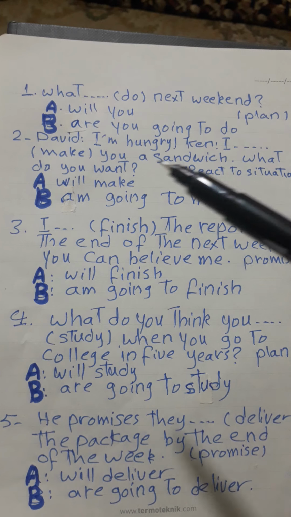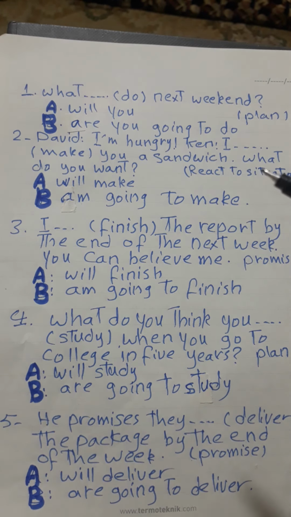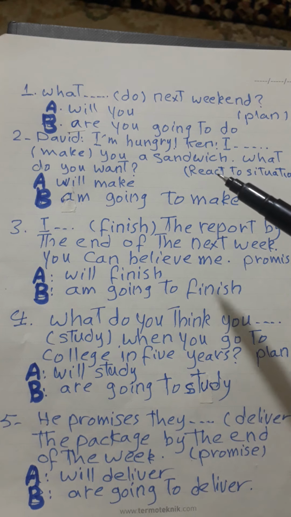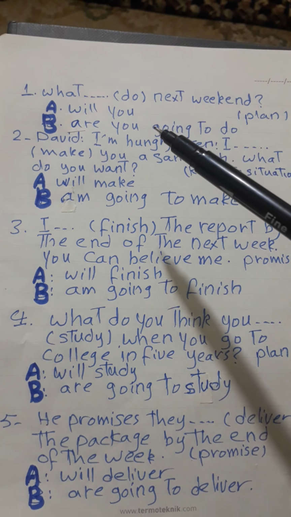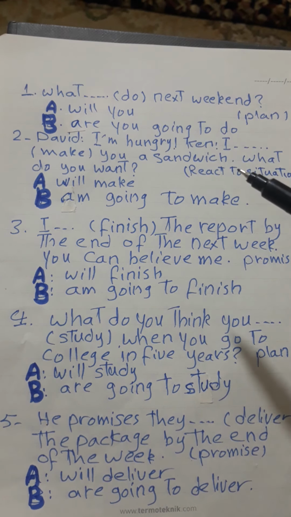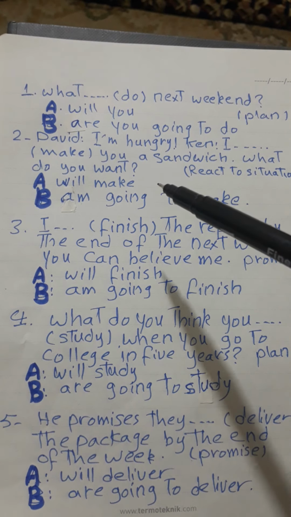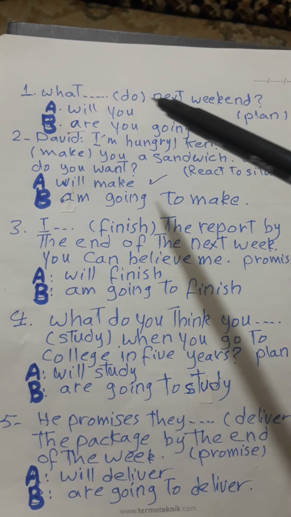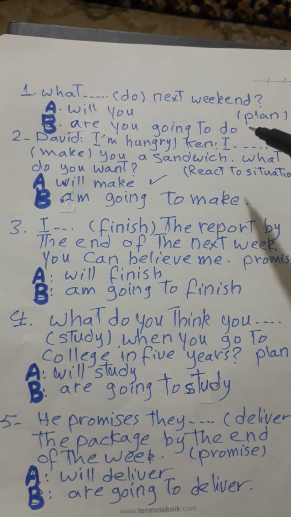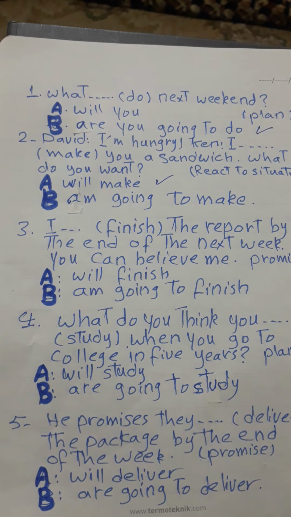So he should use will. I'll make you a sandwich. Do you see? This is a reaction to a situation. So for a plan, we should use be going to. For a reaction to a situation, we should use I will make. And this is the correct answer. And here in number 1, this is the correct answer, just because we have a plan.